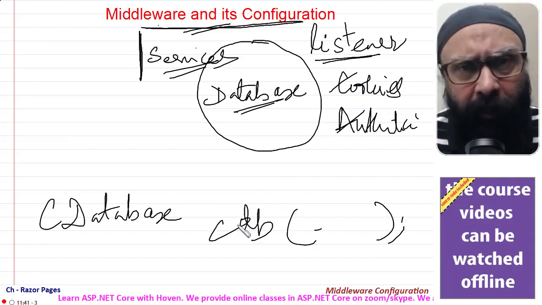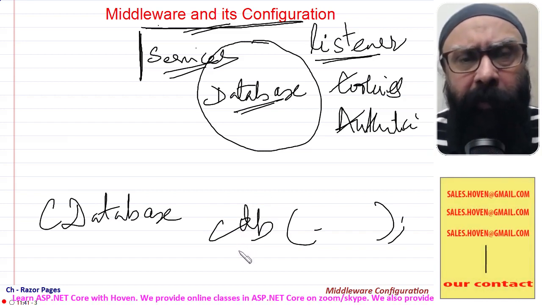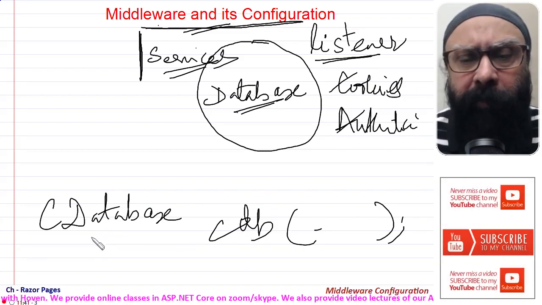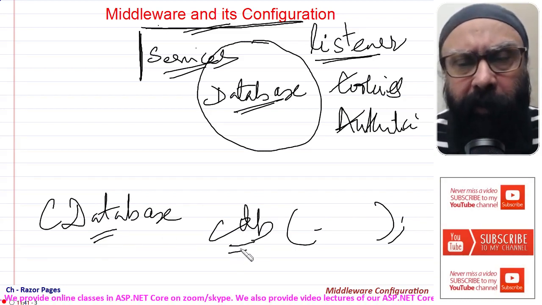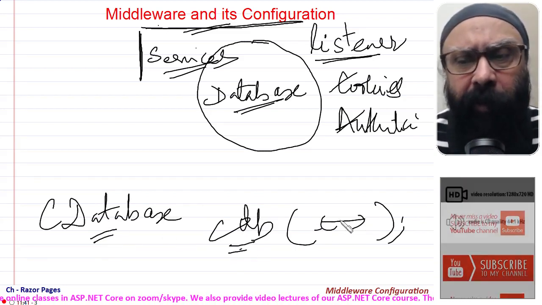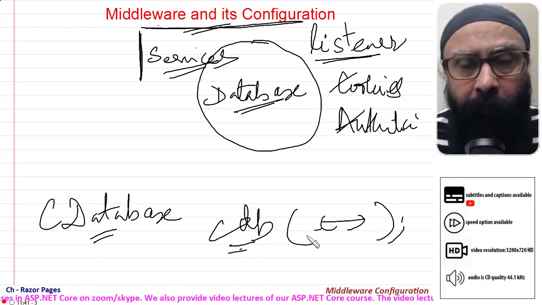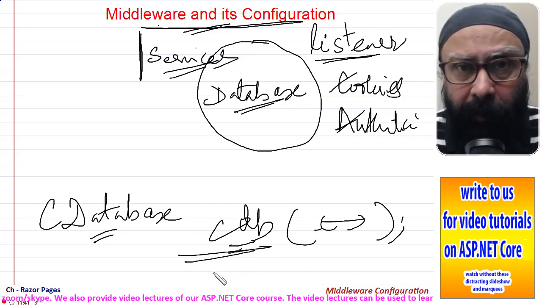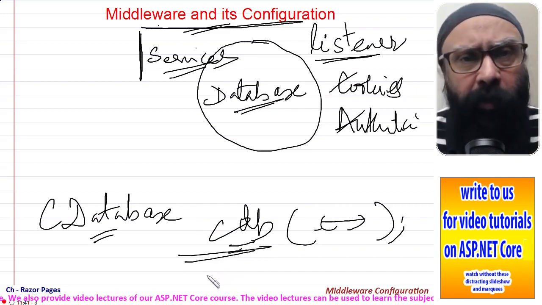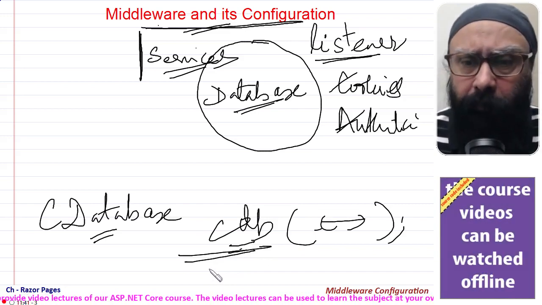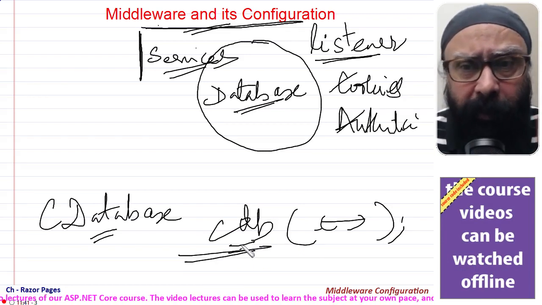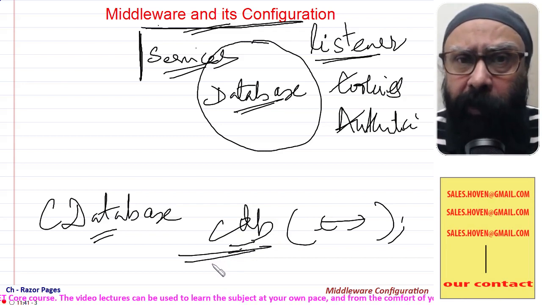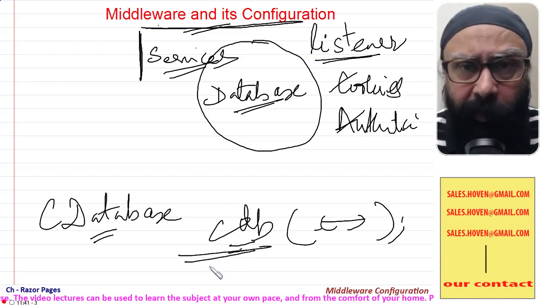Ultimately, at the end of the day, any database connectivity will be done through a class. Let us say the class is CDatabase, its object is CDB, and you pass a connection string or other parameters to it. This class will be required to execute queries and all that. You can create the object yourself at the time of requirement.